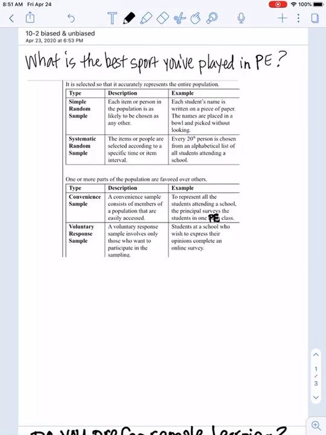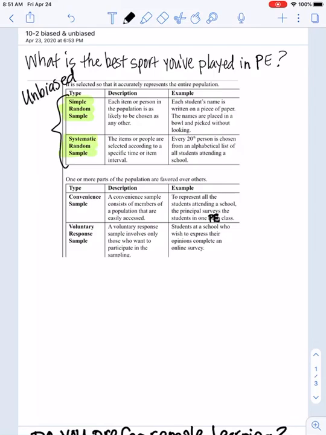So in this topic, you guys need to be able to understand if a sample is biased or unbiased. So there are 2 types of each type of sample. Okay, so the first 2 that are on here, called simple random sample and systematic random sample, are examples of unbiased.